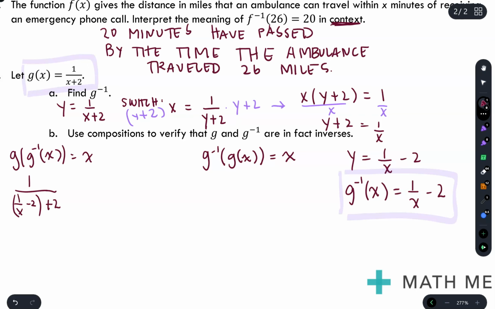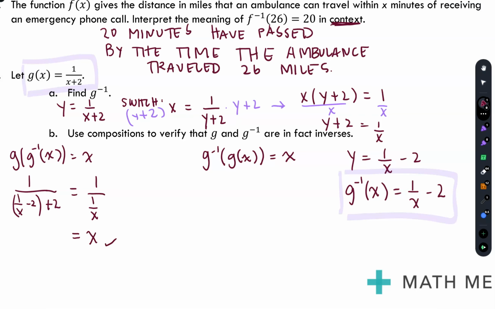Good? All right, so what happens with your minus 2 and the plus 2? They go away, so I'll be left with 1 over 1 over x. And that's going to end up being the x in the numerator, yeah? Okay, so far so good.